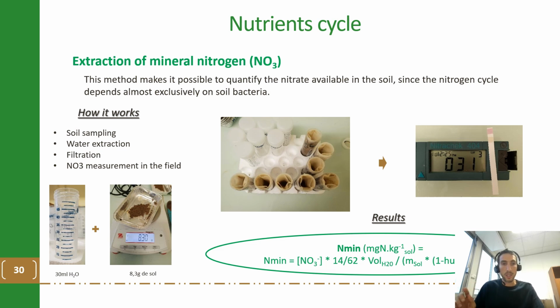The formula here will allow you to return to a quantity of milligrams of nitrate per kilo of soil. If you have the possibility of carrying out your own laboratory analysis, you can do it. And in this case, you can use the standard method with a KCl extraction, as the laboratory measurement will be more accurate than the one I am proposing here.